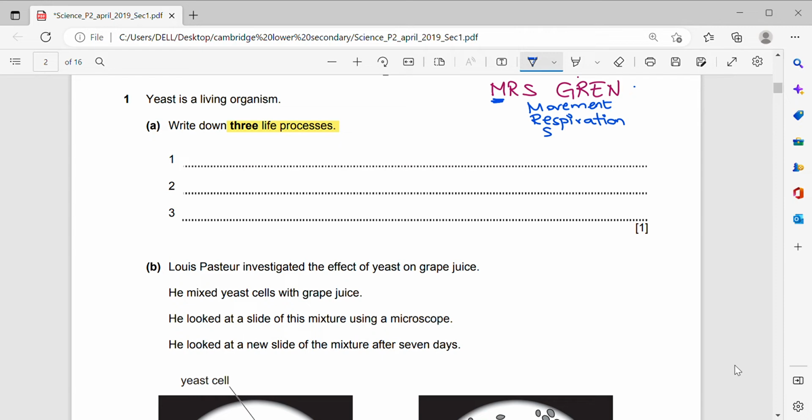S sensitivity. G growth. The next R reproduction. E for excretion. And N for nutrition.